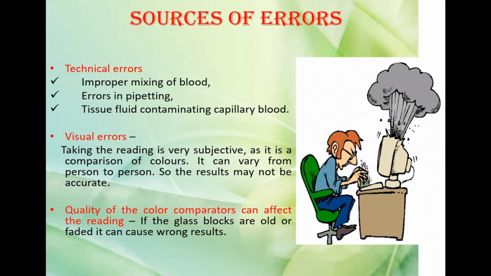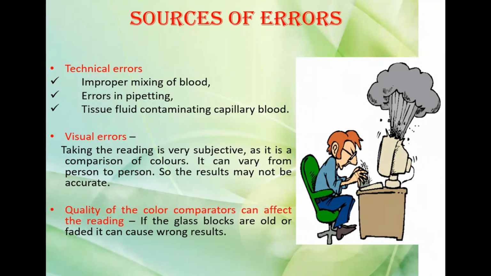And the quality of the color comparators can affect the reading. If the comparator quality is not good, then definitely it affects the results. If the glass blocks are old or faded, it can cause wrong results.